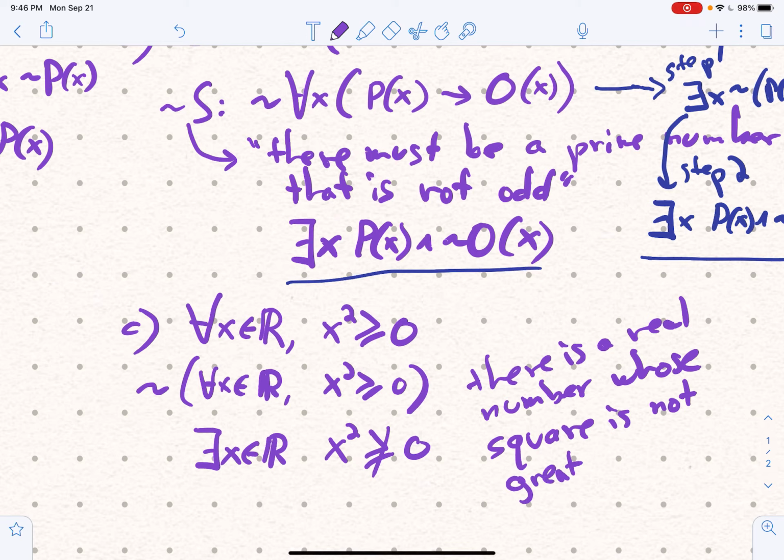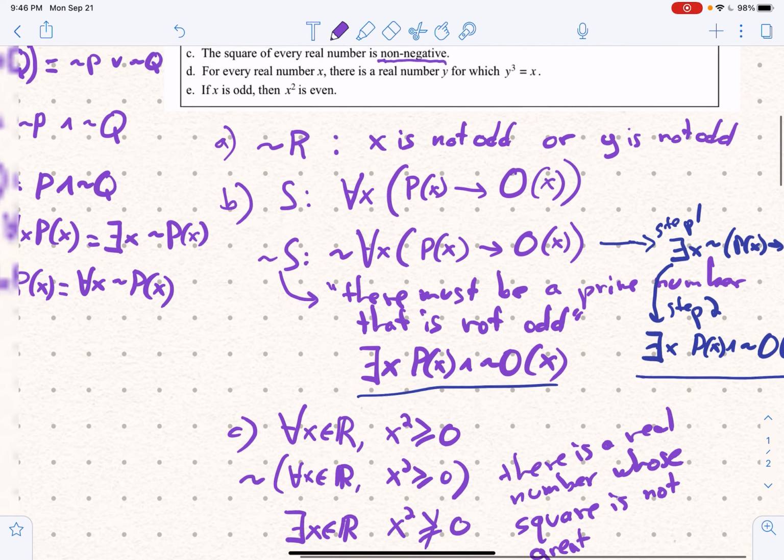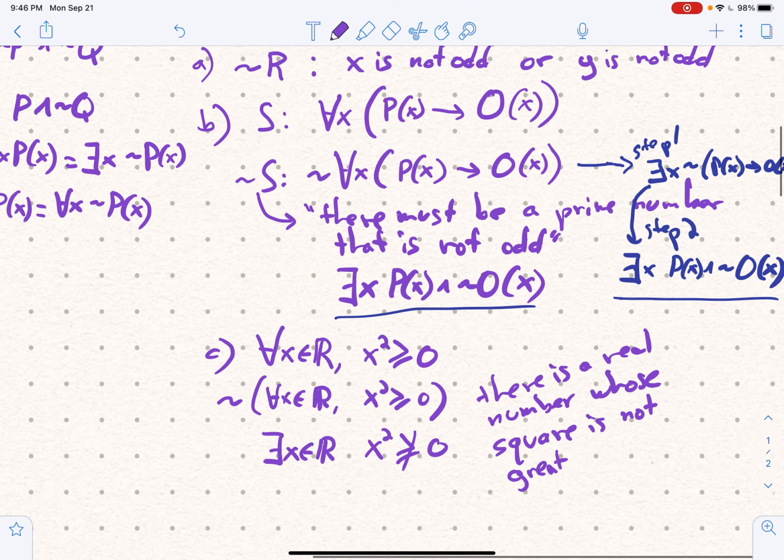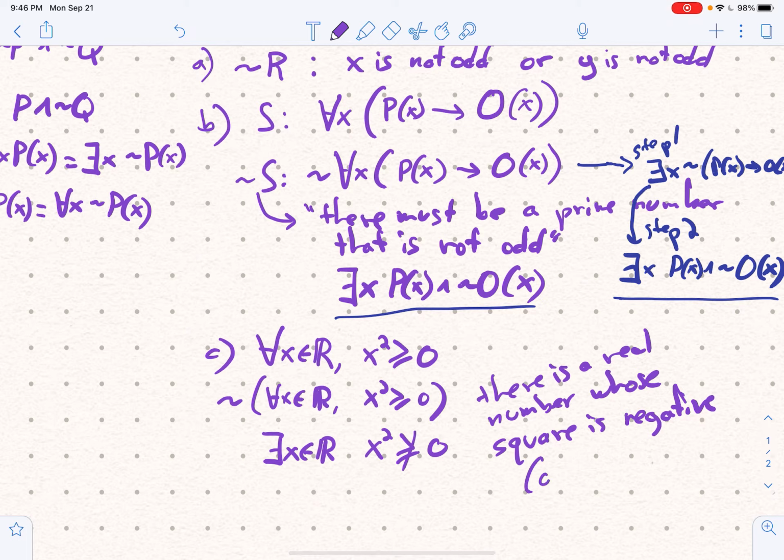Well, expressing things in words, I could say is not greater than or equal to 0. But this said every real number is non-negative. So we could say whose square is negative, I guess. Or is not greater than or equal to 0. That would work too.